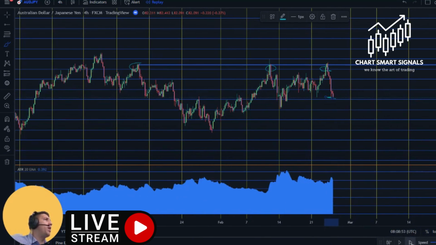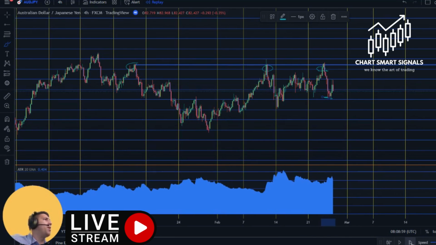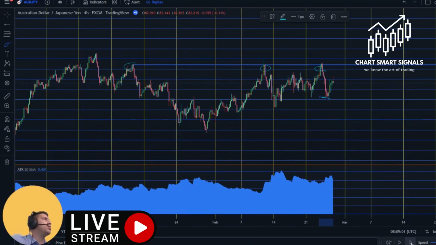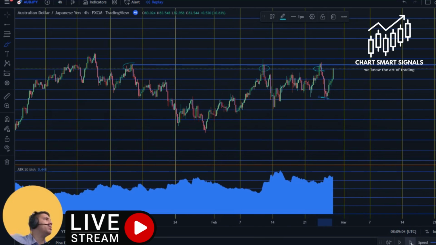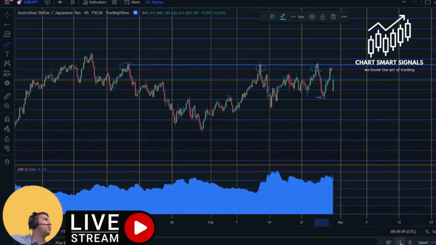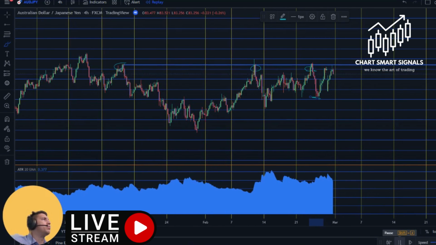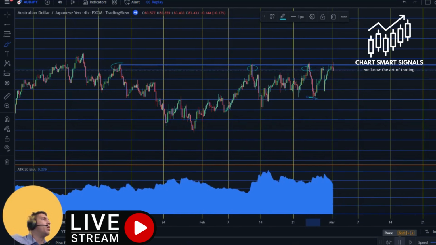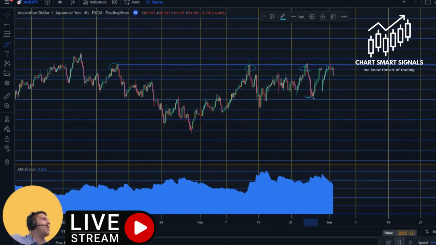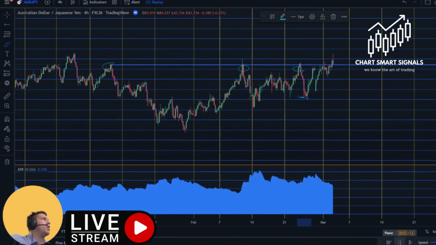And I want to just show you what can happen where your resistance becomes a support line. So we're coming back up in price. Alright, so here it has broken our resistance.